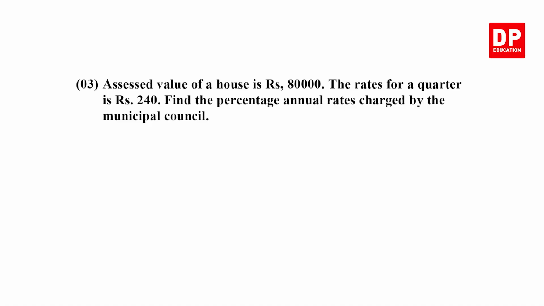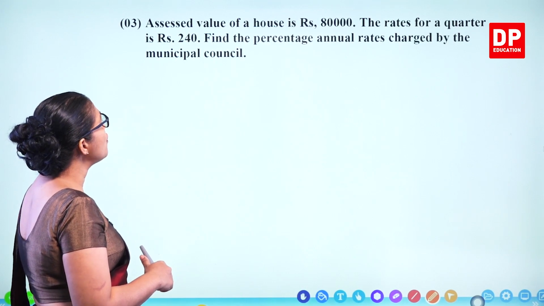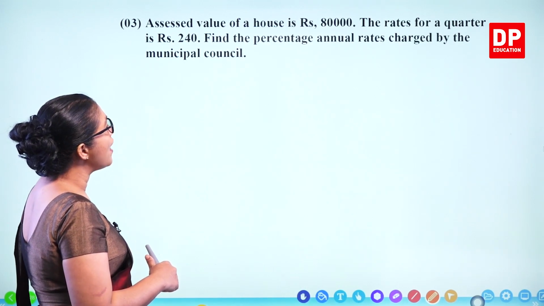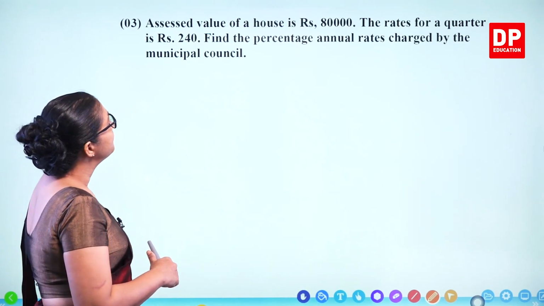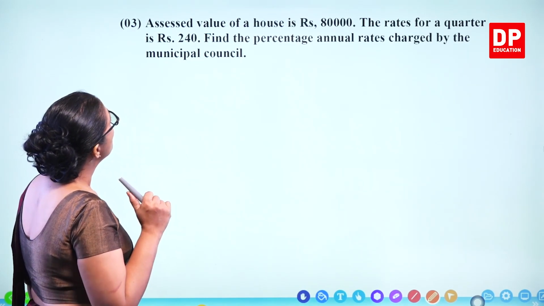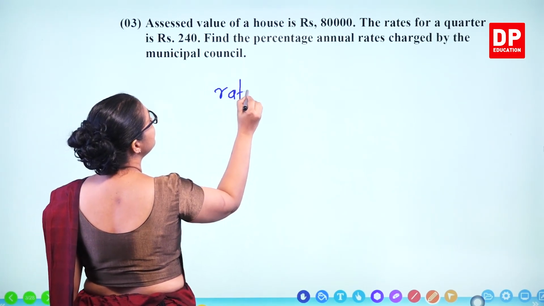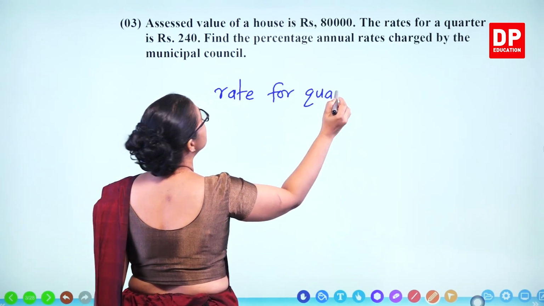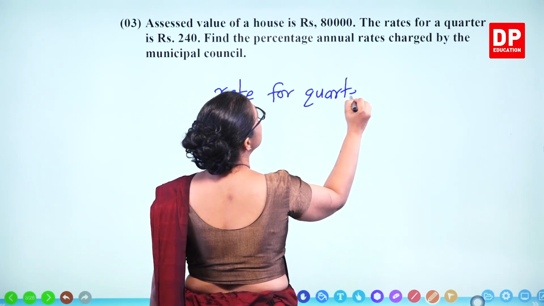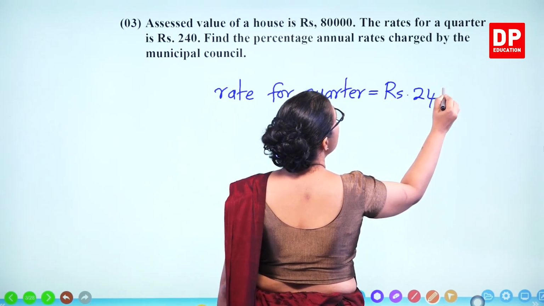Question number 3. The assessed value of a house is 80,000 rupees. The rates for a quarter is 240 rupees. Find the percentage annual rates charged by the municipal council. So the rates for a quarter is 240 rupees.